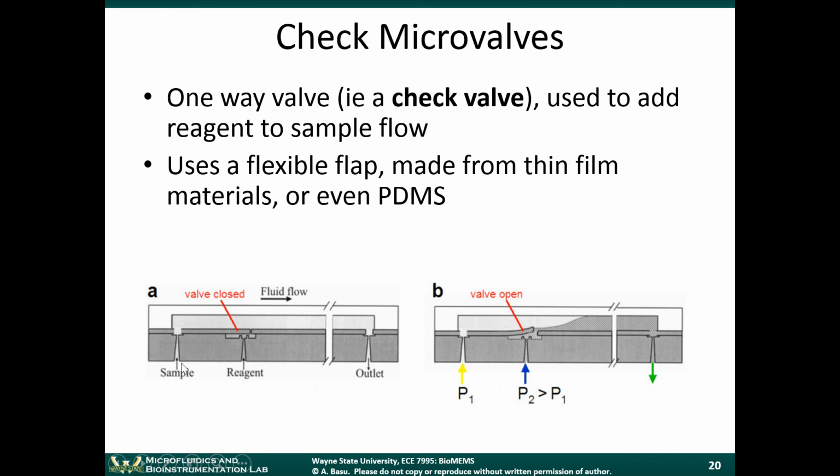They did an etch through the back of the wafer, and then they had a sacrificial layer. They deposited this flexible layer on top of the sacrificial layer, and they removed the sacrificial layer at that point. So it was a surface micromachining approach, and that's how you get this small film that's free to move. It can move up and down.